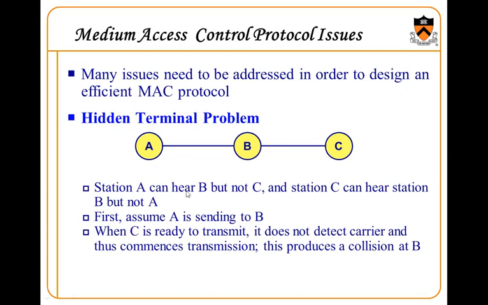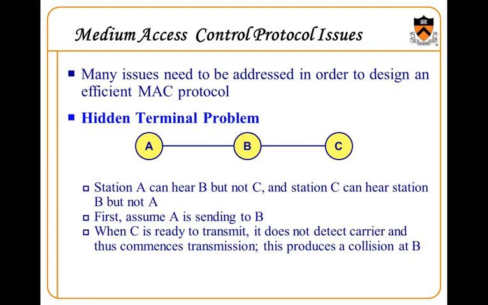The first issue is the hidden terminal, and you can see in this diagram we have three nodes, node A, node B, and C. Here, node A can hear B but not C, as C doesn't come in the range of node A directly, but indirectly it can reach node C via node B.